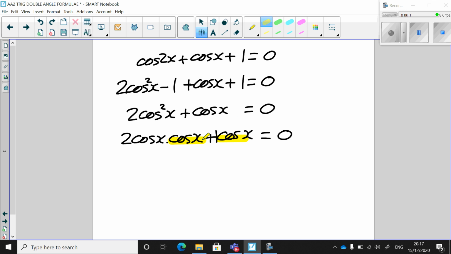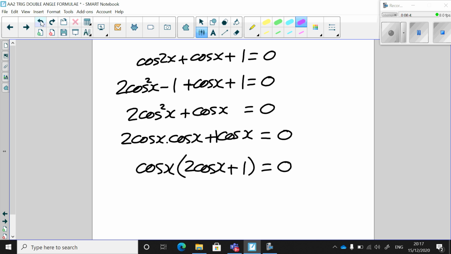I've got one there and one there, and what am I left with? In the bracket I'm going to have 2 cos x plus 1. The cos x at the front, and I'm left with 2 cos x plus 1 in the bracket.